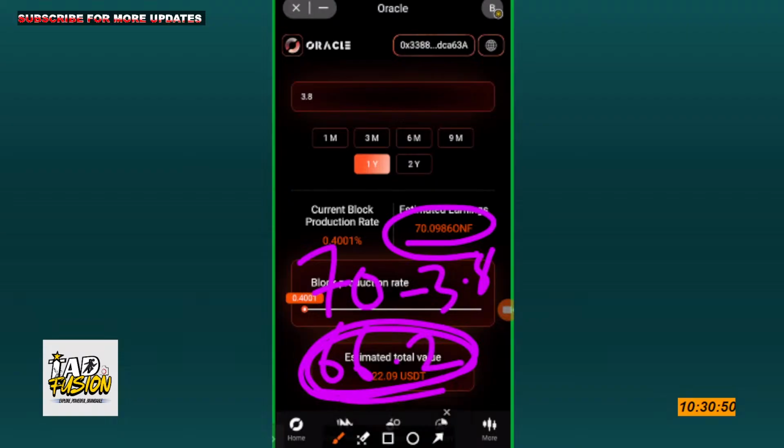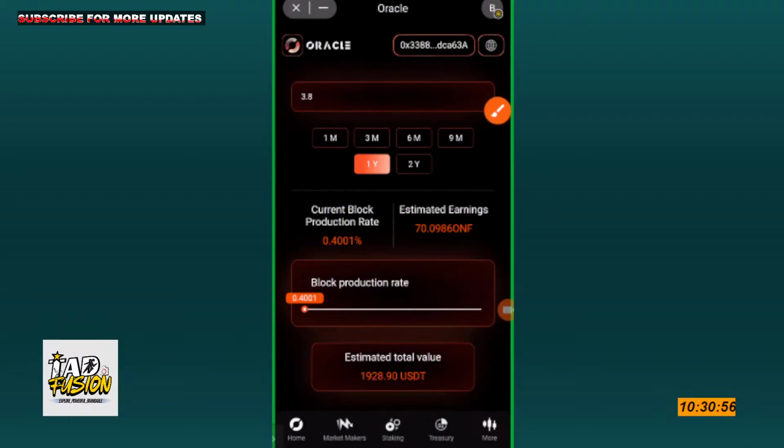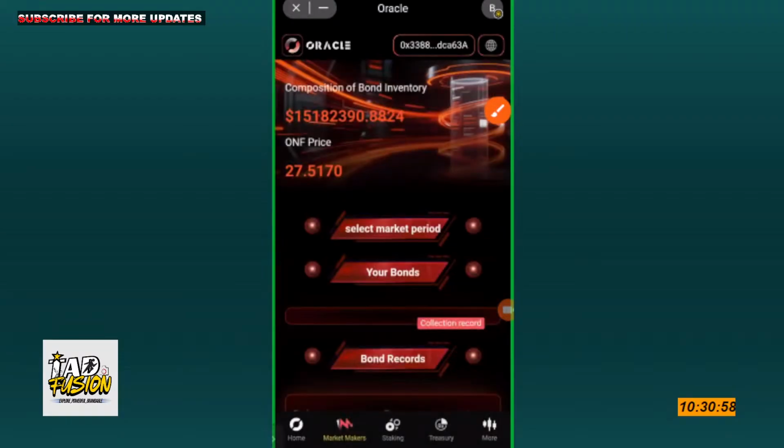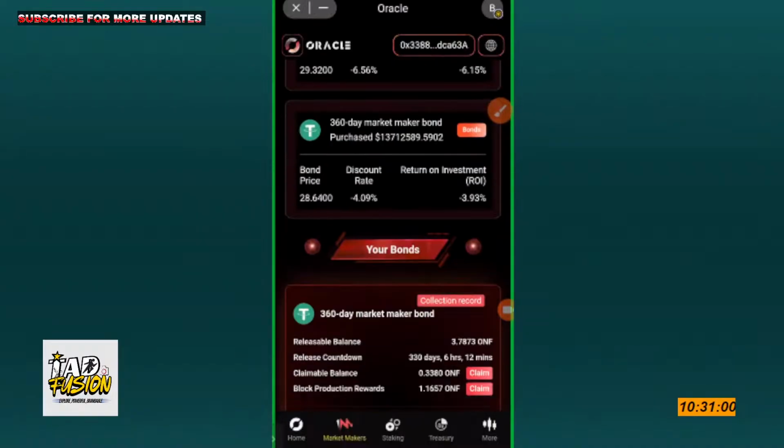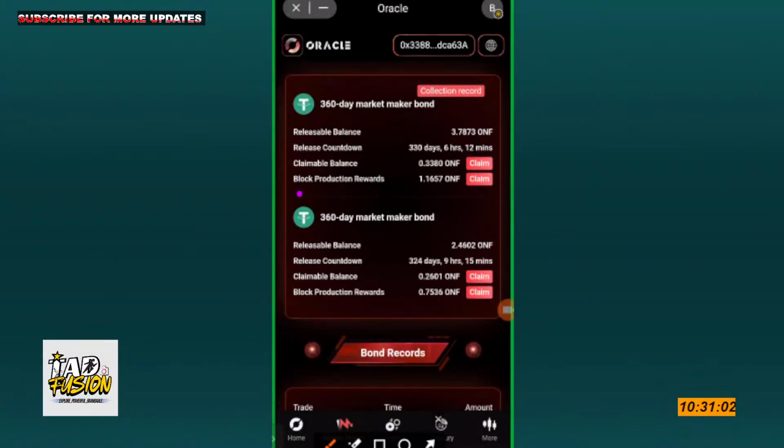After 1 year, I will have 66.2 tokens of ONF, meaning that when I come here under market makers, under the block production reward, I will have 66.2 tokens of ONF as my profit.